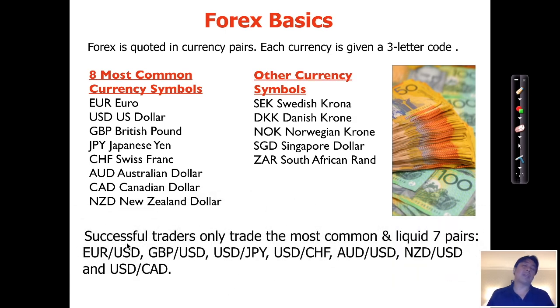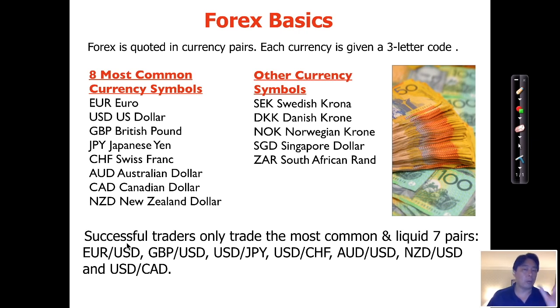The most successful traders only trade the most common and liquid 7 pairs. I do trade slightly beyond the 7 pairs, and I'm going to show it to you, but these are the 7 most common pairs, which are the most liquid. They're the most actively traded, with the highest volume, so they move with the greatest volatility and the tightest spreads.